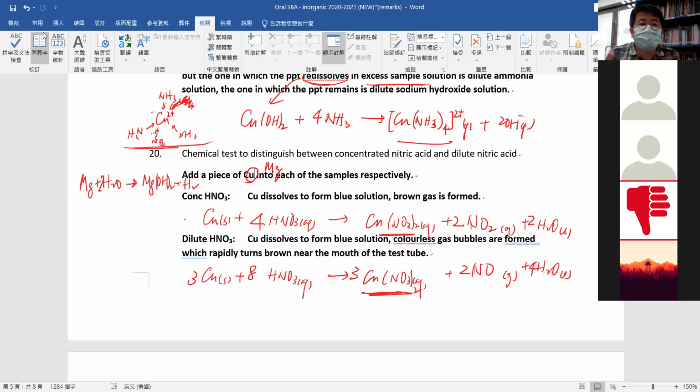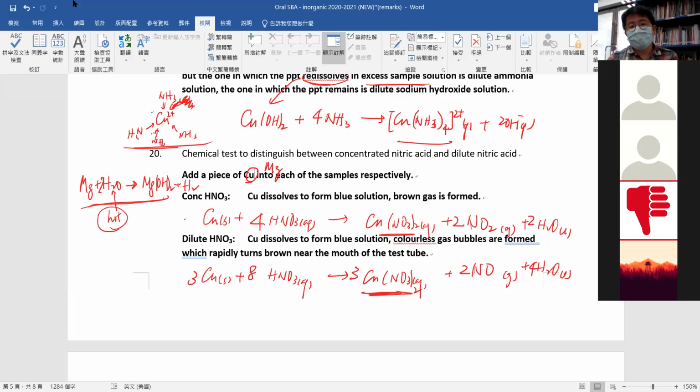First of all, take a look at the water reaction. It will only occur when it is hot. When the solution is hot, magnesium will react directly with water to form magnesium hydroxide and hydrogen gas.